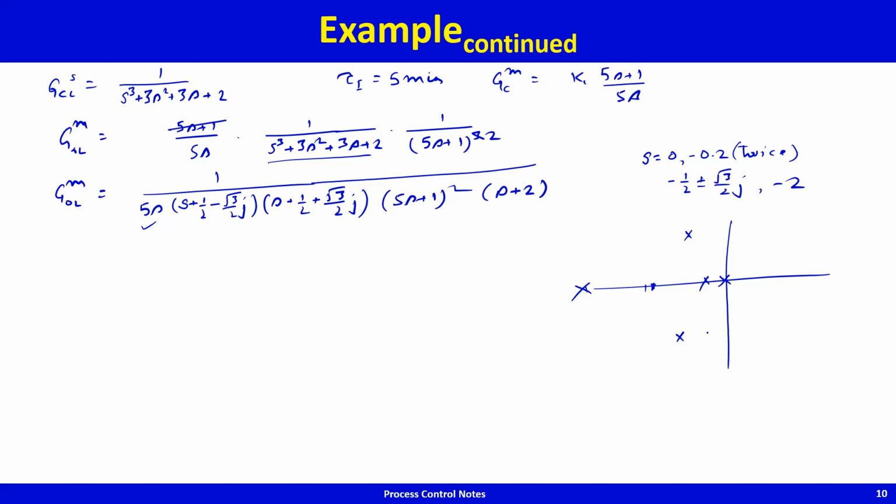It's a sixth order system, so it will have asymptotes at 180 plus minus divided by 6, so that's plus minus 30 degrees. Then 3 times 180 by 6 would be plus minus 90.